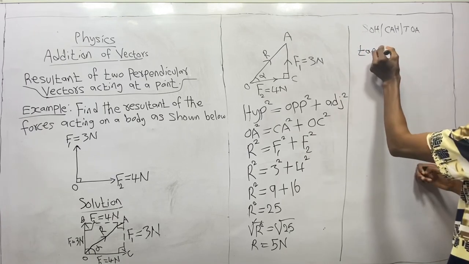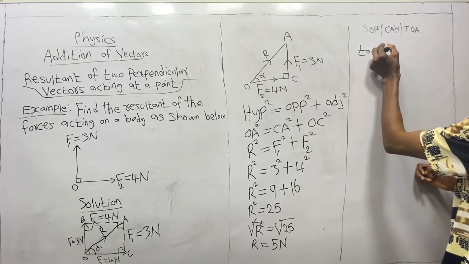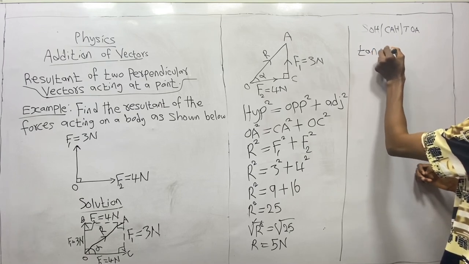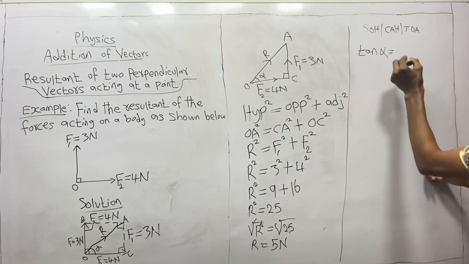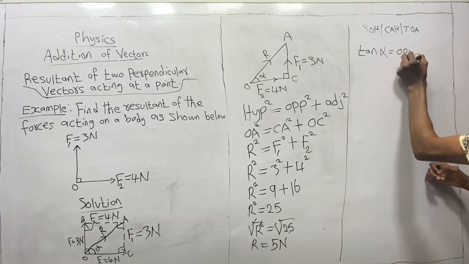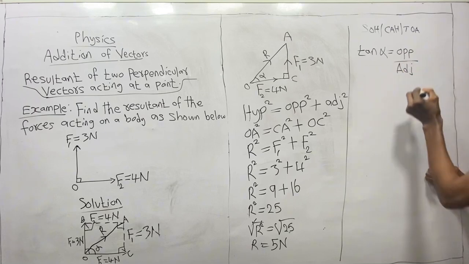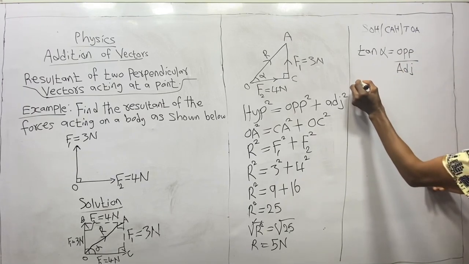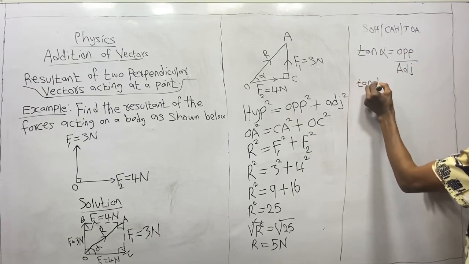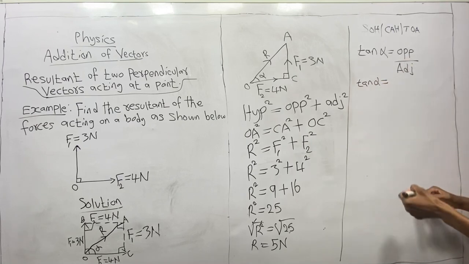Tan what? The angle. Tan the angle, the direction of the resultant vector, that's alpha, equals to your O is what? Opposite, all over the adjacent. So your tan alpha will now be equal to what? What's your opposite here?